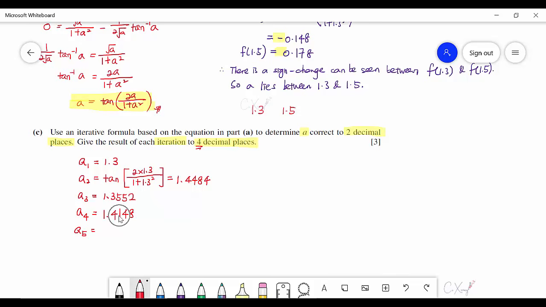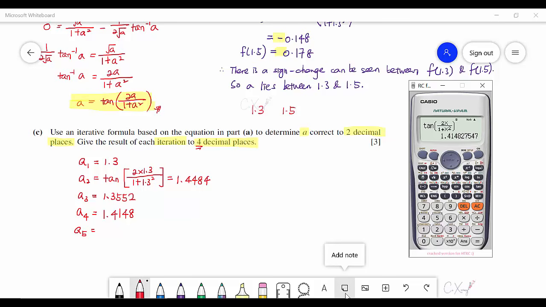Then if you continue further, this one is 1.42. So 1.42 and 1.36, they are not the same answer yet, so it is not the root yet. So you have to continue until the root appears. All right, so next step, still the same, next iteration, press calculate and then you key in this A4, which is 1.4148, and press equal sign.